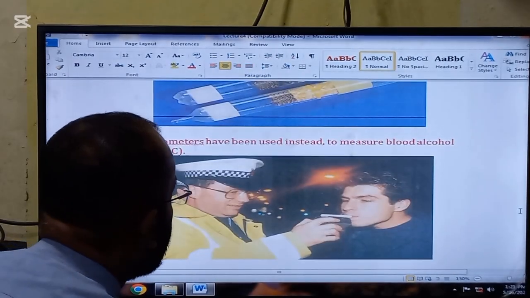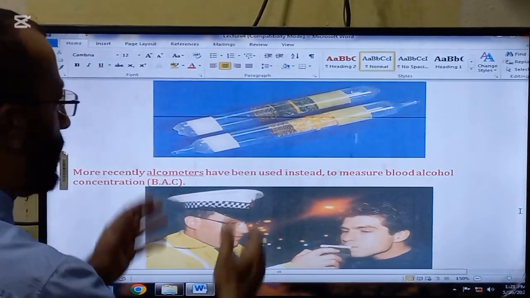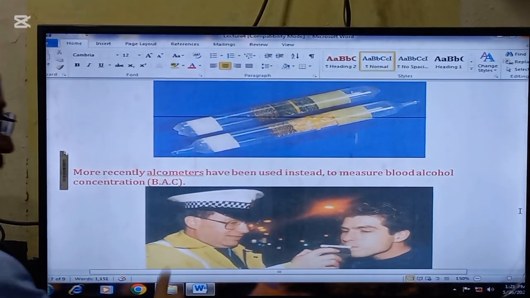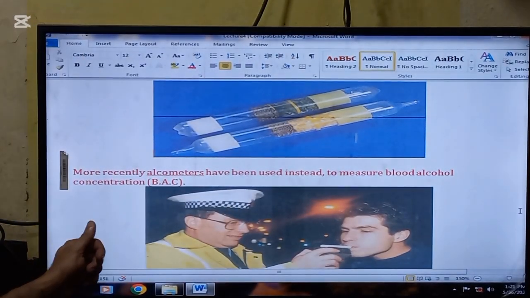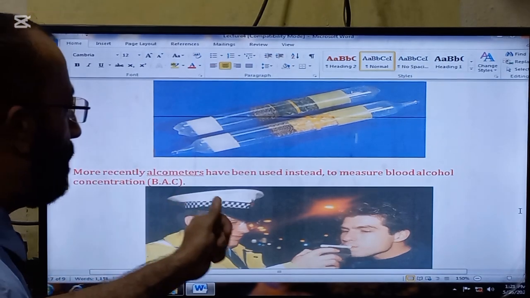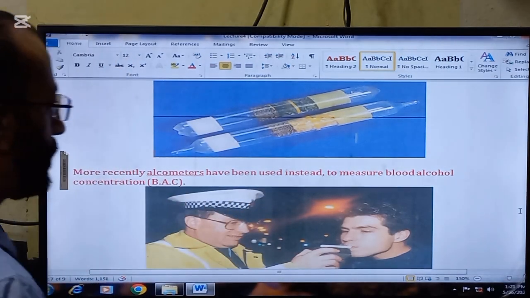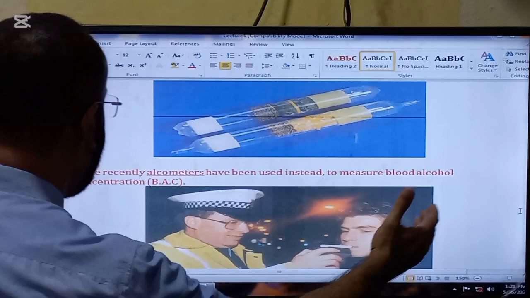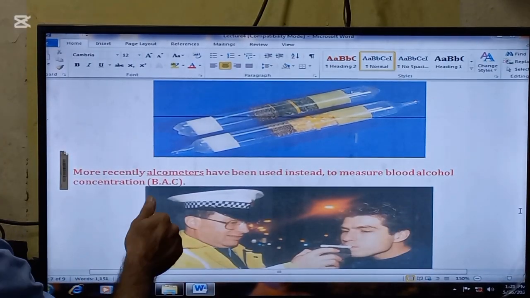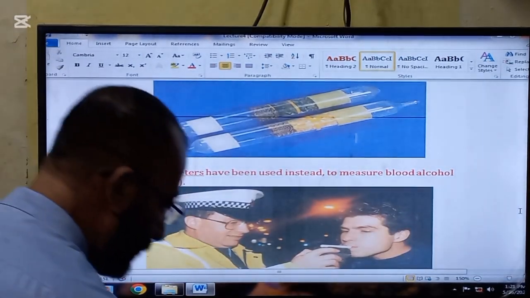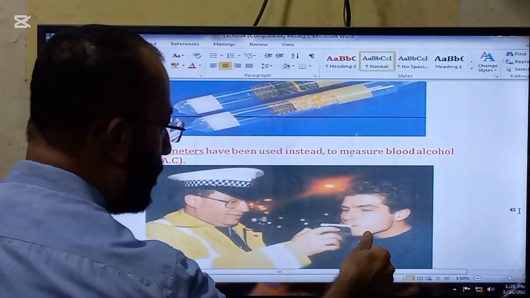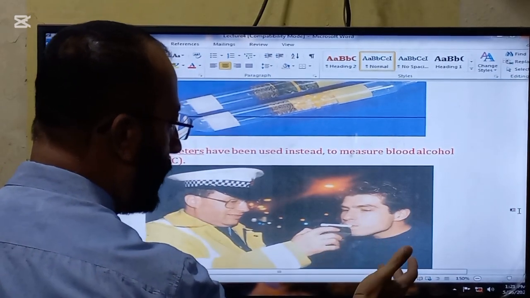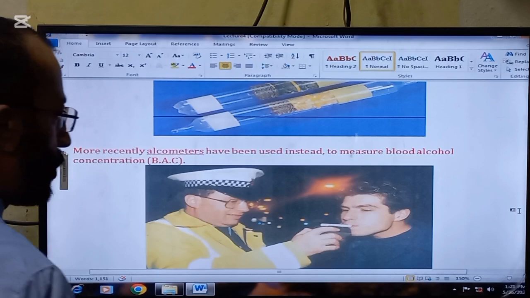So this was the method used in old times. But this method is more advanced. More recently, alcometers have been used instead to measure the blood alcohol concentration. This is called BAC. This is an alcometer, which is used to check whether the driver is drunk or not.